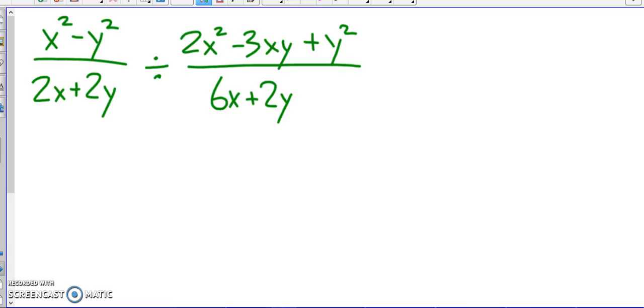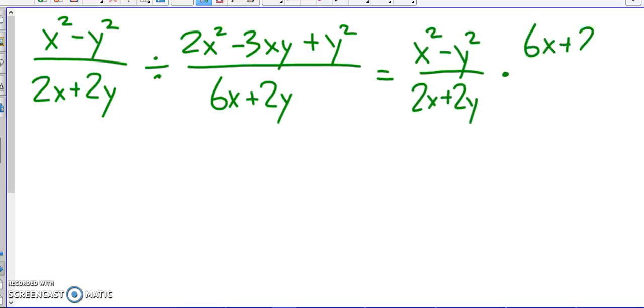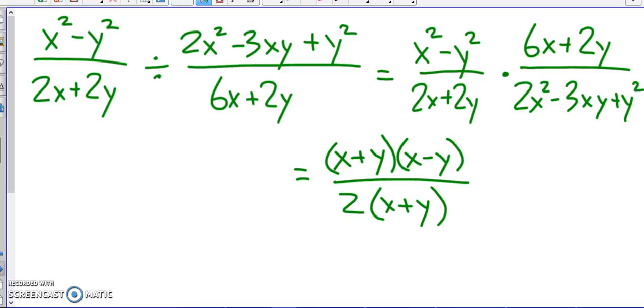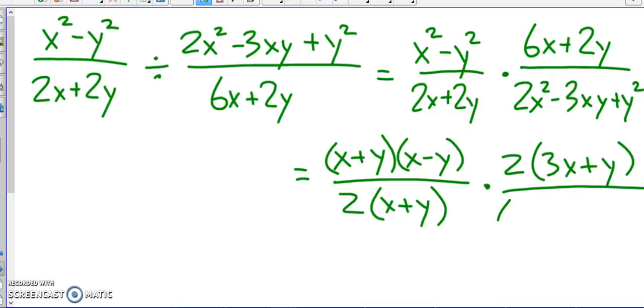So, keep, change, and flip. Factor. And see what cancels out.